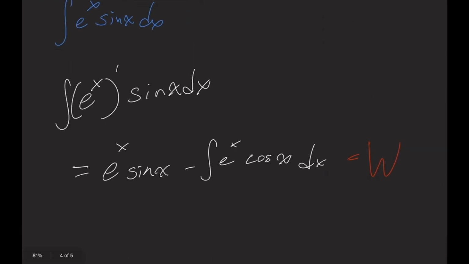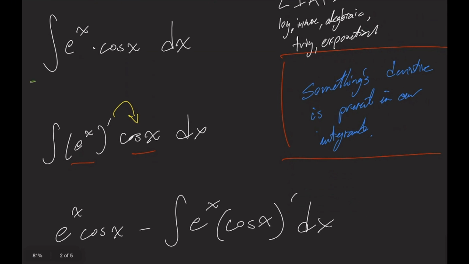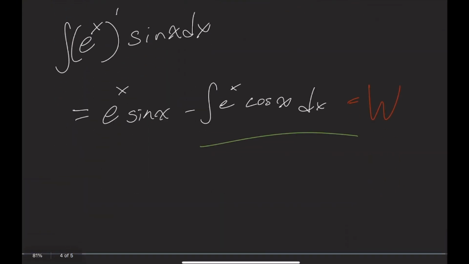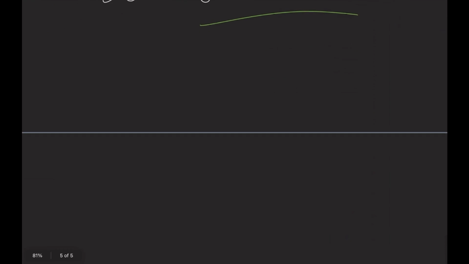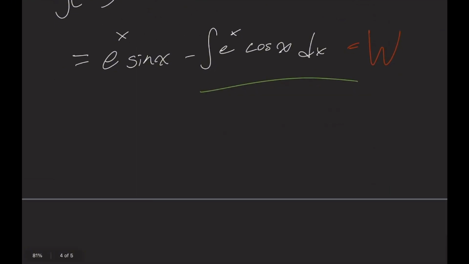But do you notice anything? What was our original problem? It's the integral of e^x times cos x. What do we see there? We have e^x times cos x dx in W. So we can rewrite this whole thing.